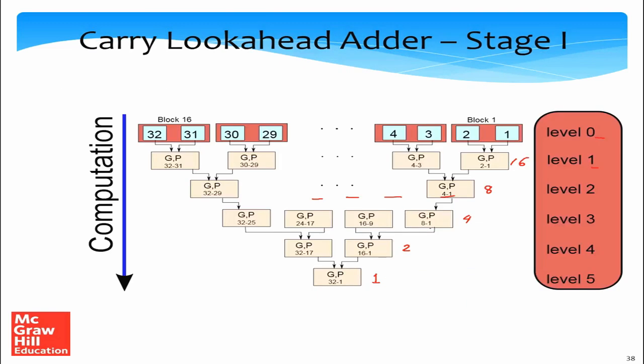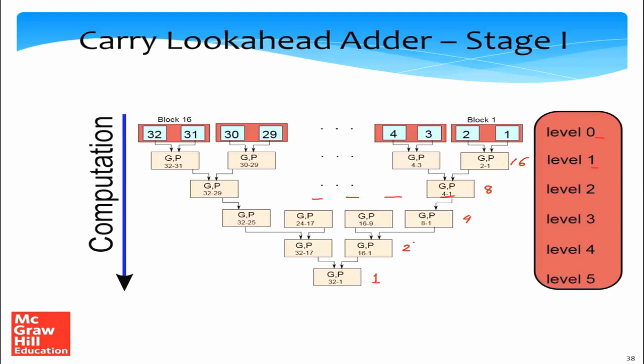Similarly, this block will take an input from this circuit and another circuit here, and we'll just keep on doing this. And at every point, for the propagate function we need to do an AND, and for the generate function we need to do a single OR and a single AND.